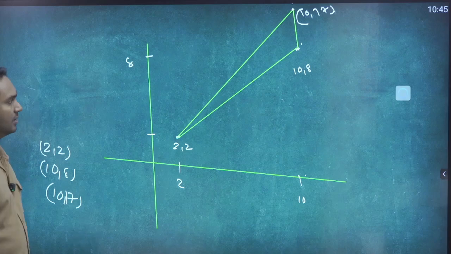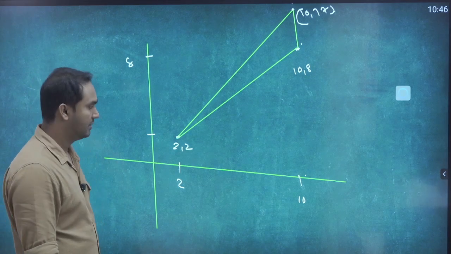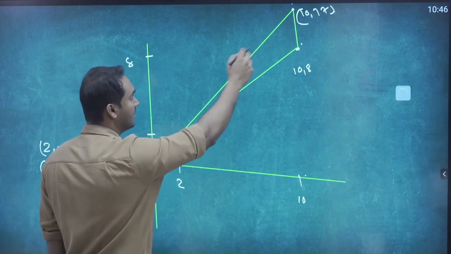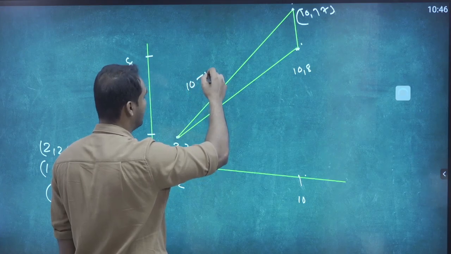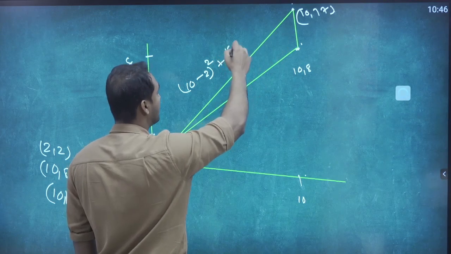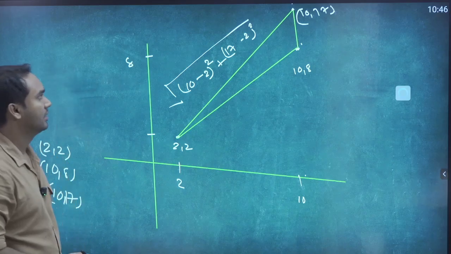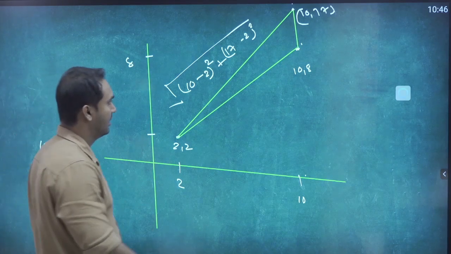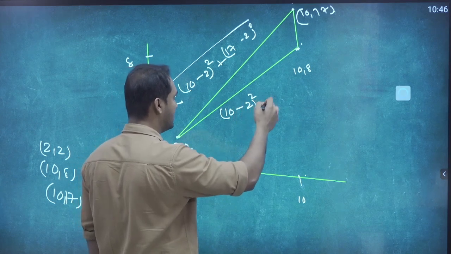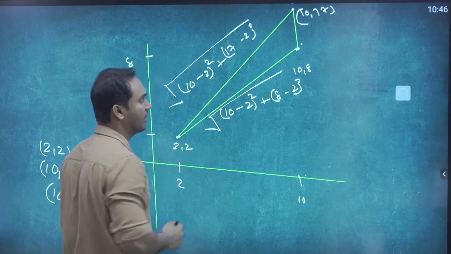To find the perimeter you just have to put the Pythagoras theorem for each and every line. For this line, that will be the square root of (10 minus 2) squared plus (17 minus 2) squared. That will be this line's distance. And for this one, the square root of (10 minus 2) squared plus (8 minus 2) squared.